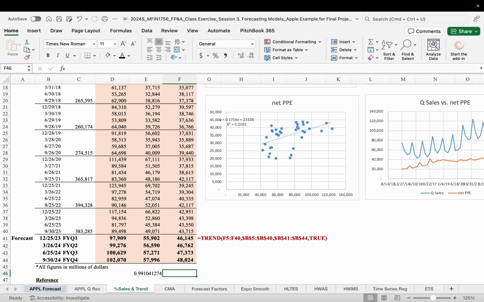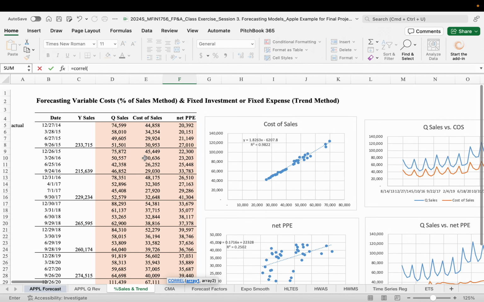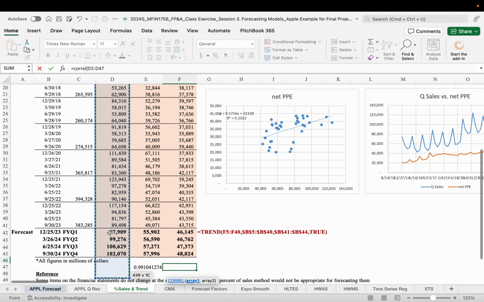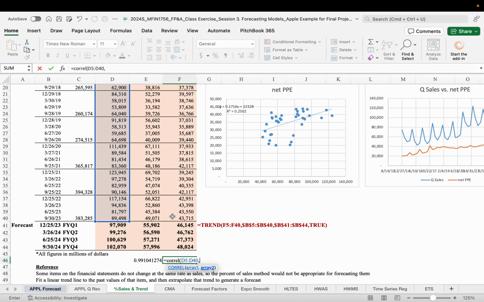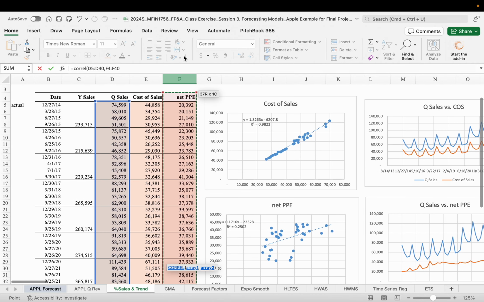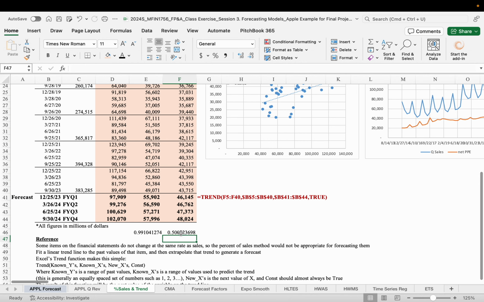Also, you can calculate the correlation of sales and net property, plant, and equipment. So it's 50%, right? 0.25, right?